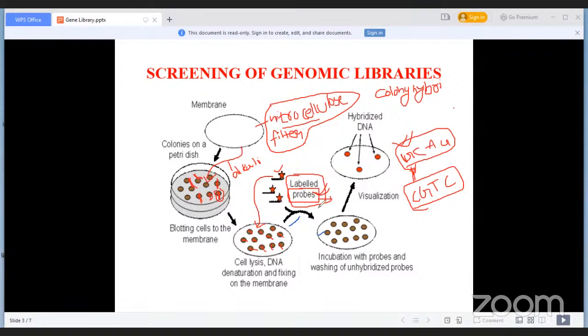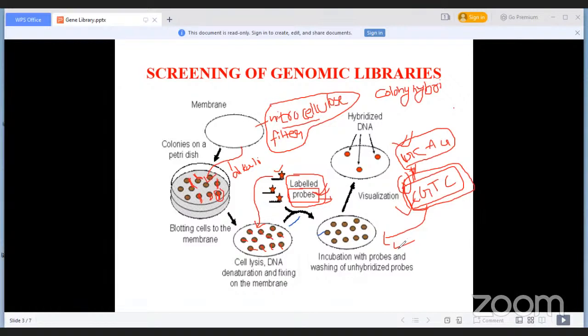Now you add it to the culture, and automatically the probe attaches to the desired gene. Now we have selected the desired gene, and we know where it is present. Later, you get a number of copies of this desired gene through rDNA technology, genetic engineering technology, right? This is called screening.